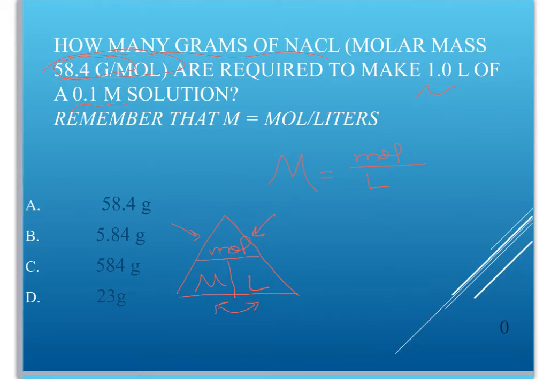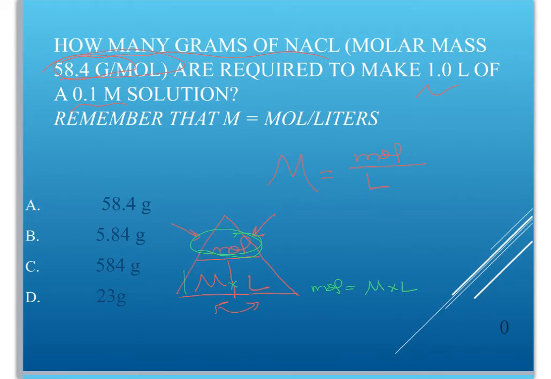In case you don't know how to use this triangle, whatever you're trying to solve for, you cover up. So if you were trying to solve for moles of solute, you would cover that up, and that would tell you that the moles of solute equals molarity times liters.